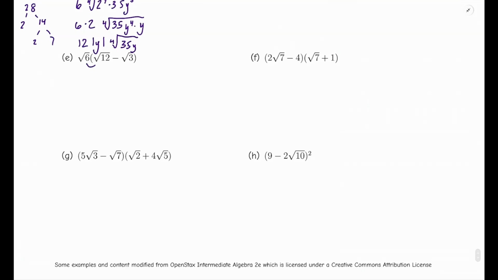Part E. Square root of 6 times square root of 12 is the square root of 72. Square root of 6 times square root of 3 is square root of 18. Square root of 18 we already know is 3 square root of 2 from above, but for 72 I need to do a factor tree.